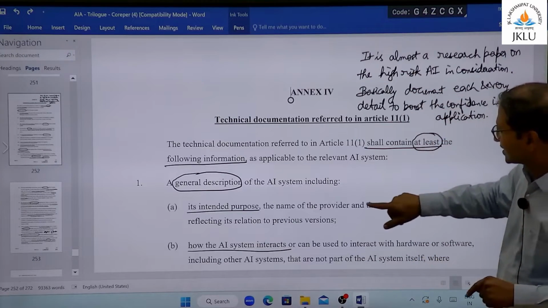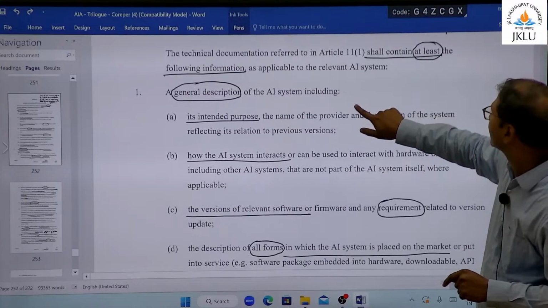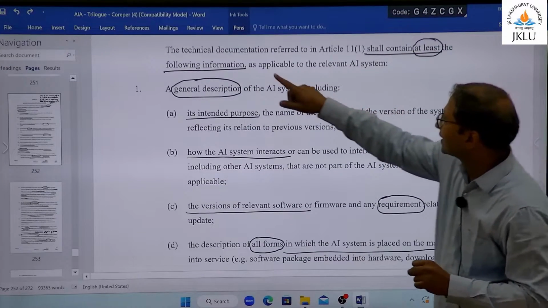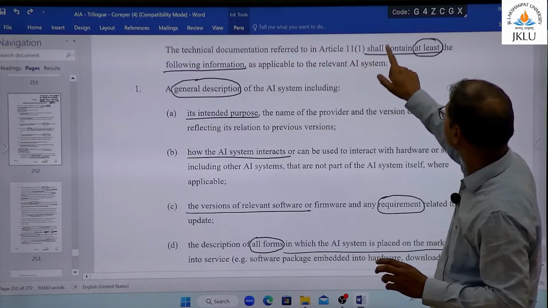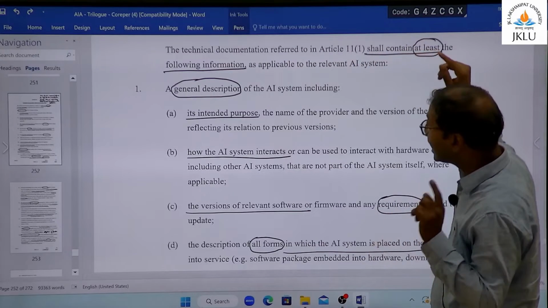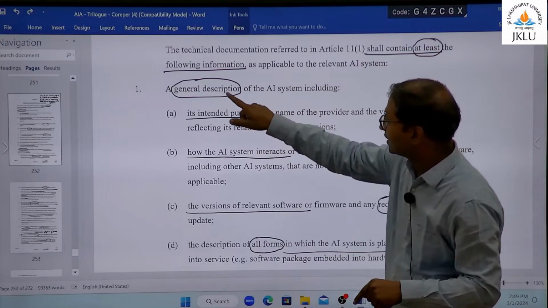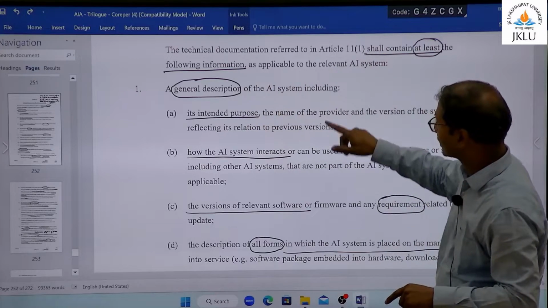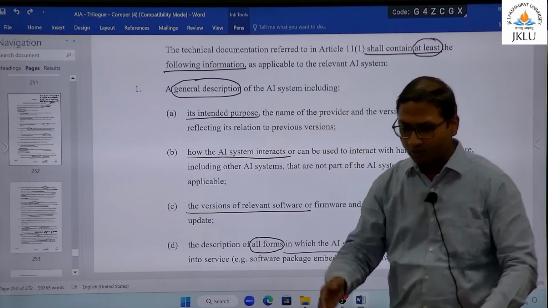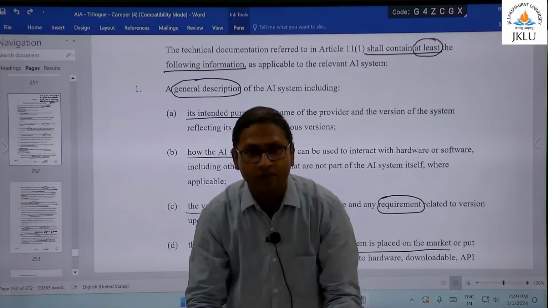So quickly do this. The technical documentation referred to in Article 11 shall contain at least the following information: a general description of AI system, including its intended purpose. So think of this box, right?